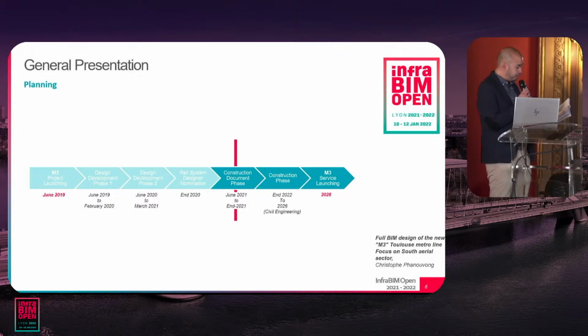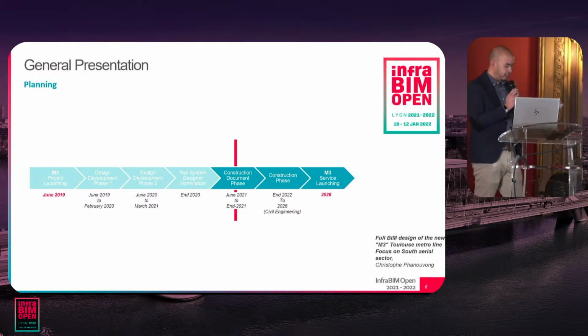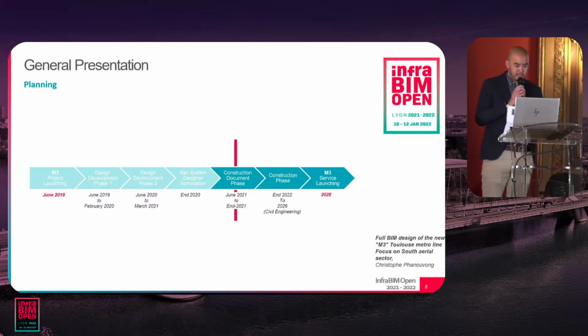Since 2020, the rail system designer has been nominated, Alstom, and they worked with us on the last phase, the construction document phase. The construction phase will normally begin at the end of 2022 to finish for the civil part in 2026, and normally the service launch will be made in 2028.